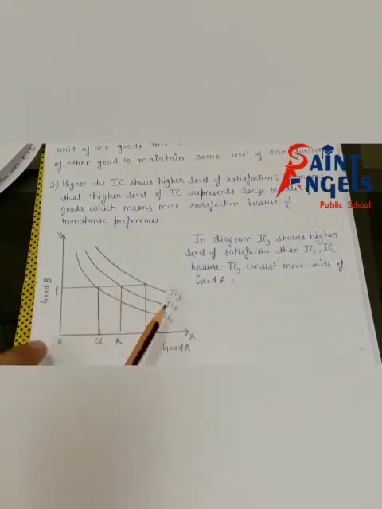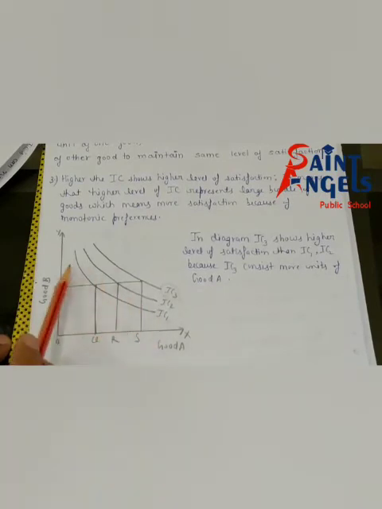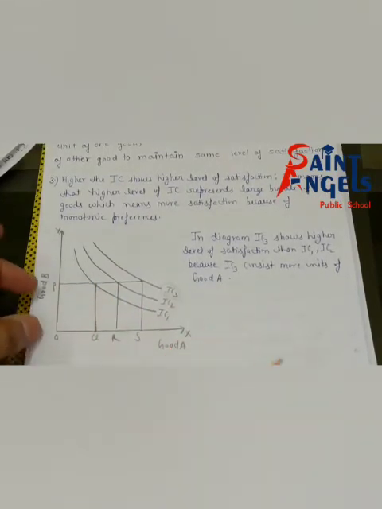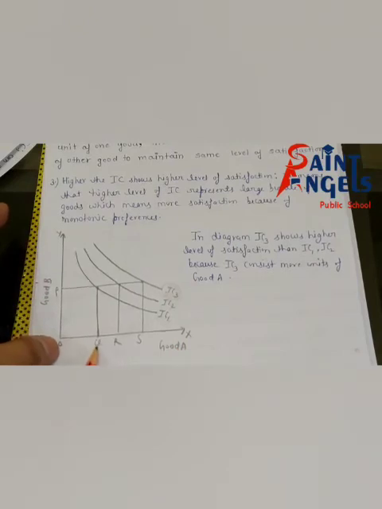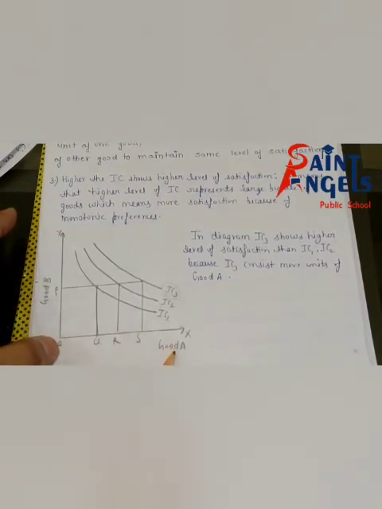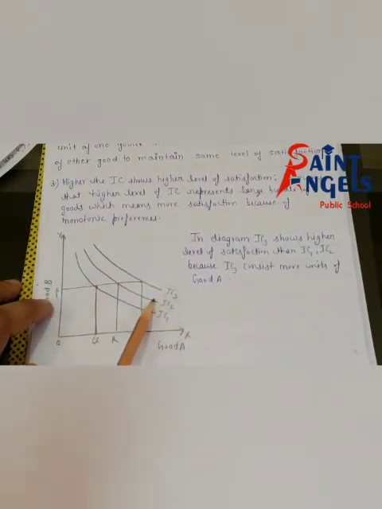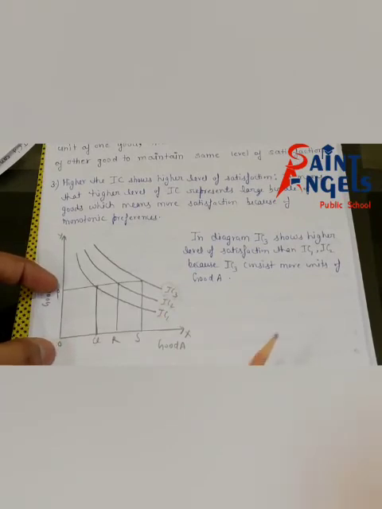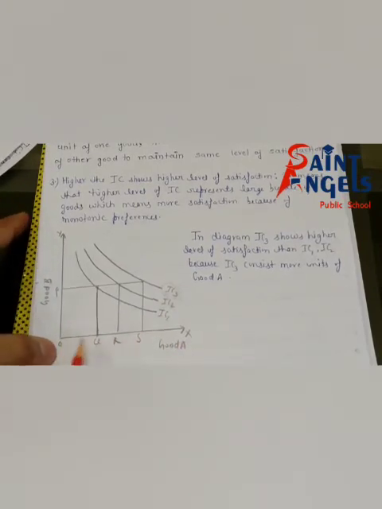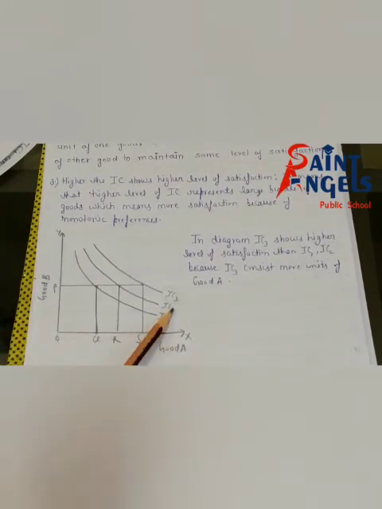Now take IC1: according to IC1 we are consuming OP units of good B and OQ units of good A. After this, take IC2: according to IC2 we are consuming OP units of good B, but OR units of good A. I hope all of you have understood.